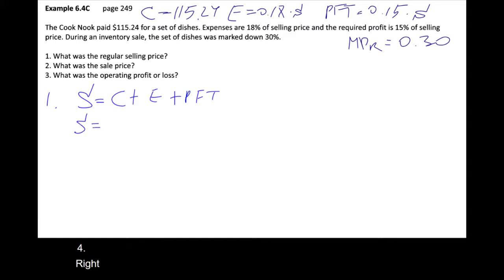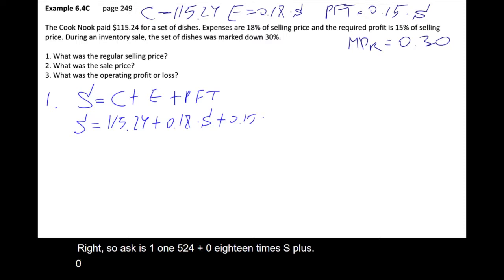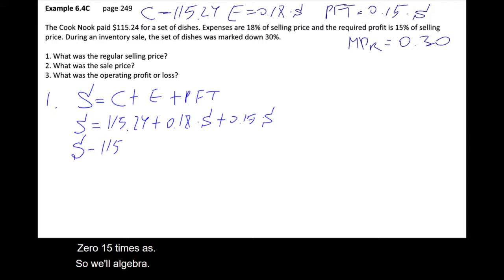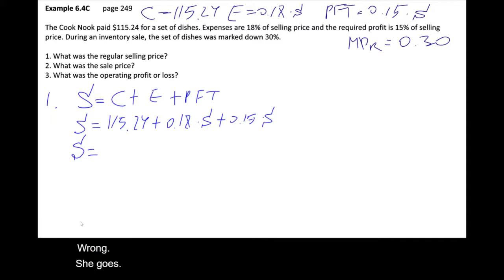Right, so S is 115.24 plus 0.18 times S plus 0.15 times S. So little algebra. Oops, wrong. Minus, should be minus, come on, what's happening?